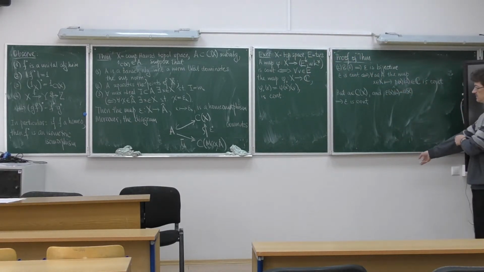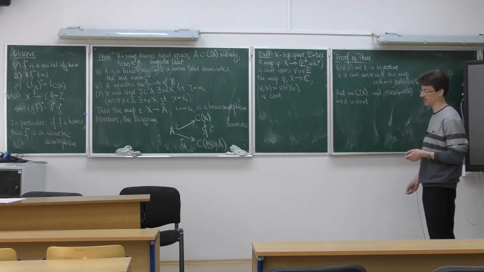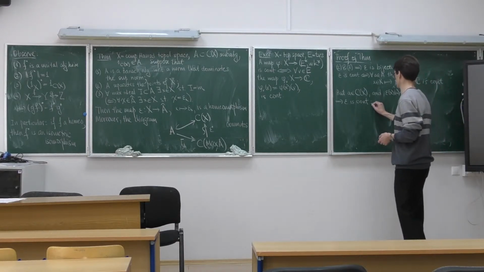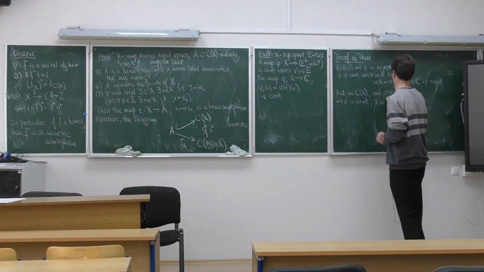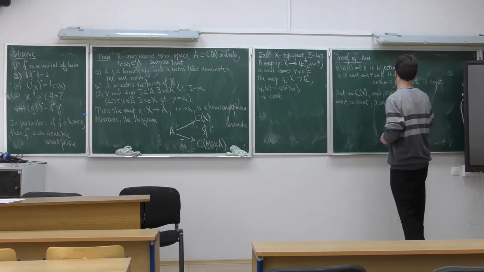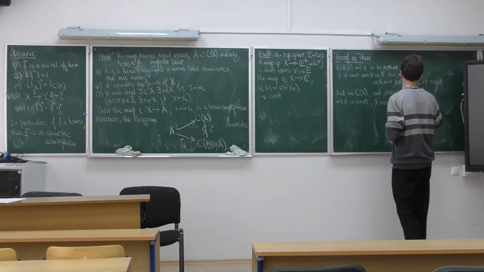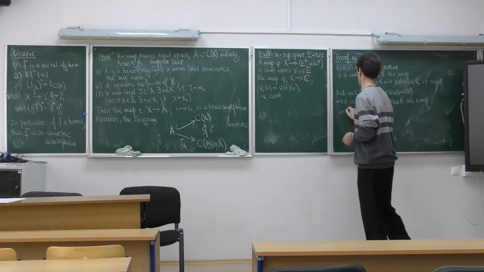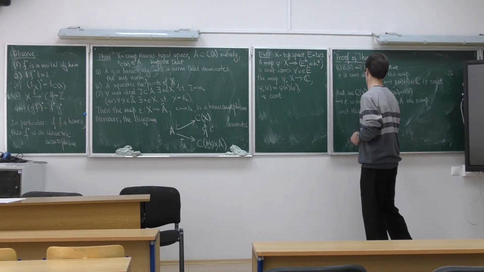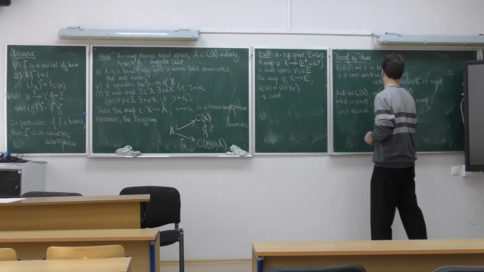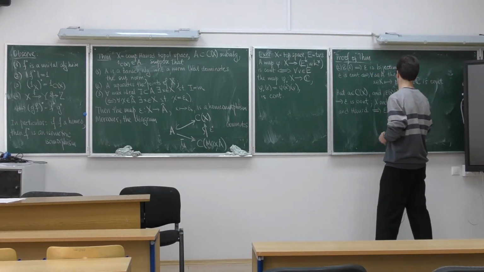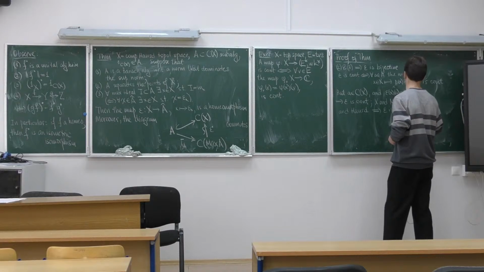And it's a simple fact from elementary topology that a continuous bijection between compact Hausdorff spaces is a homeomorphism. So these spaces are compact and Hausdorff, and so epsilon is a homeomorphism.